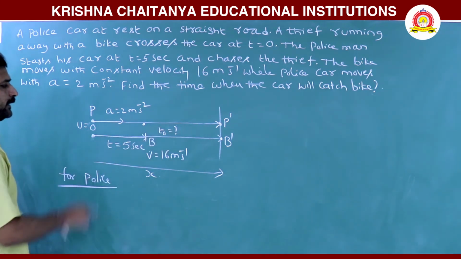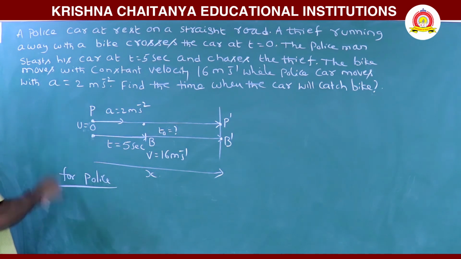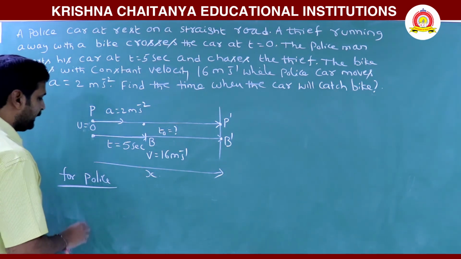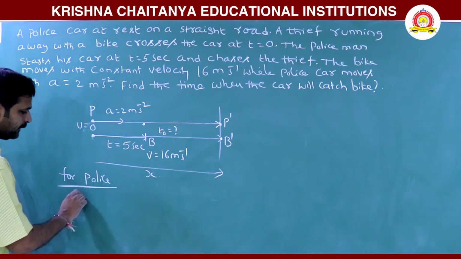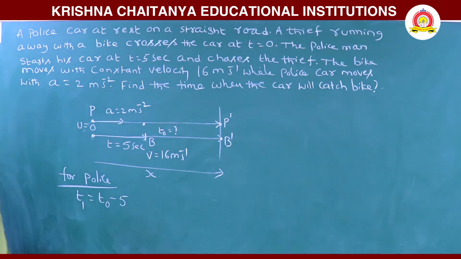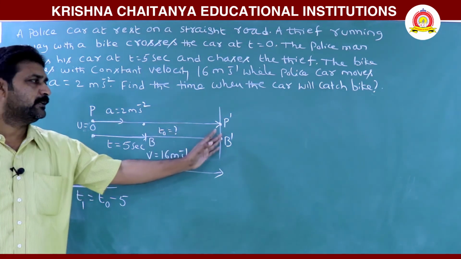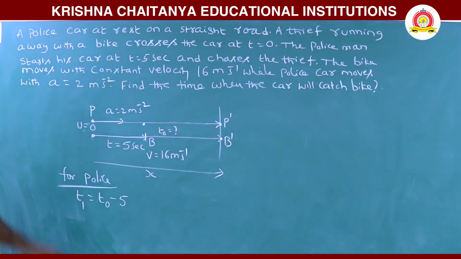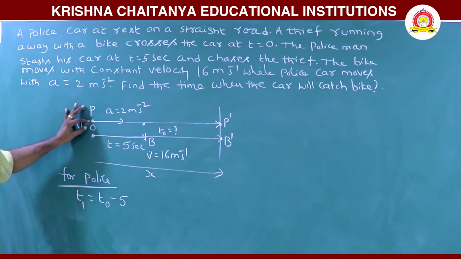Now for the policeman: distance x, initial velocity u, and time taken is t0 minus 5, since t0 is the time taken for the bike to reach that point when it crosses the policeman.